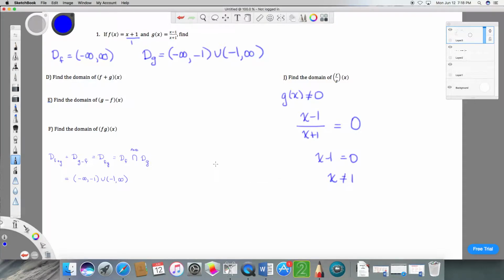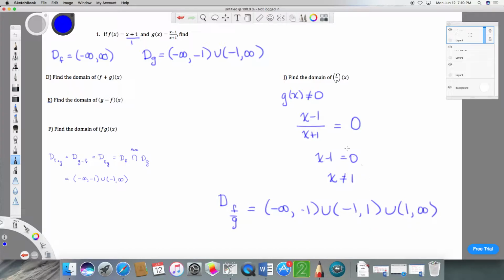So we're intersecting the domain of f with the domain of g, intersected with the values of x that cause g of x to equal 0. So our domain for f divided by g is the set of all real numbers excluding -1 and excluding +1.